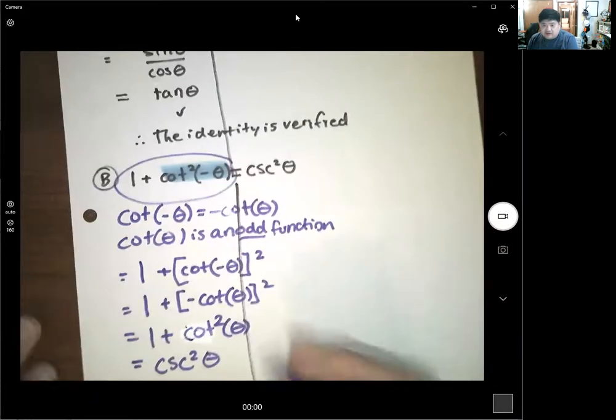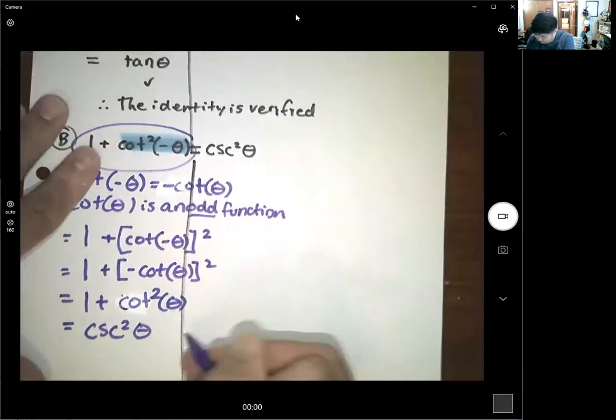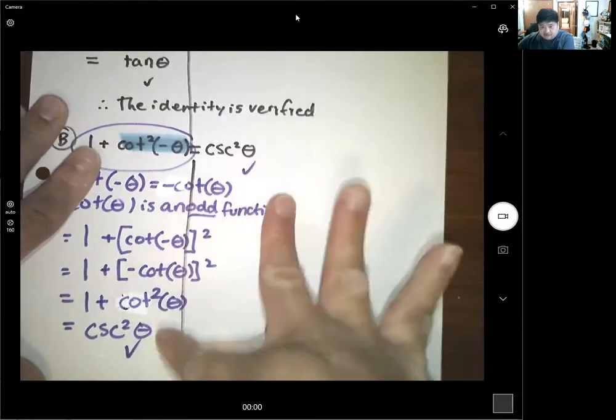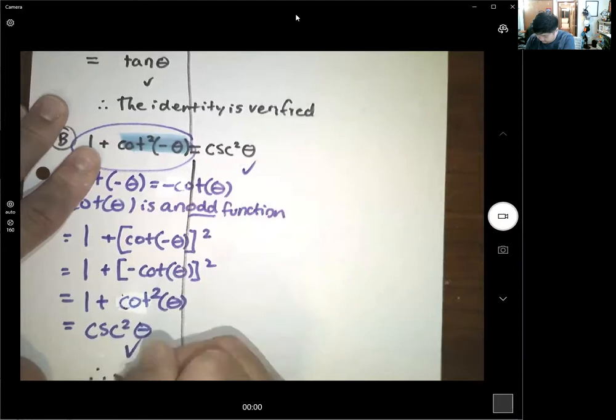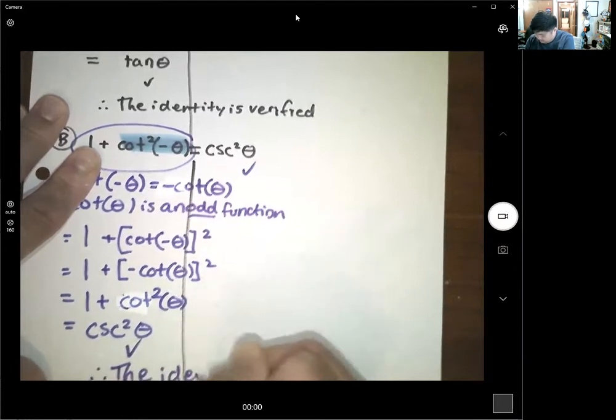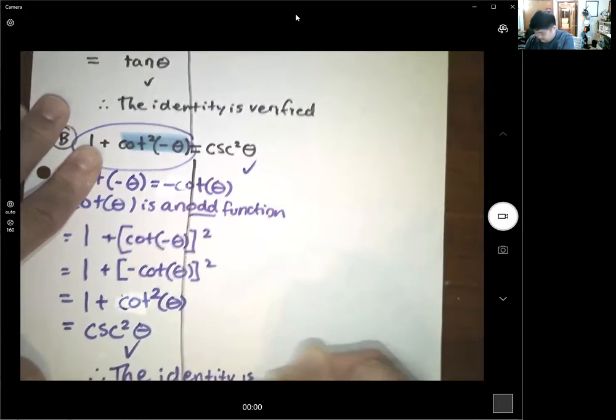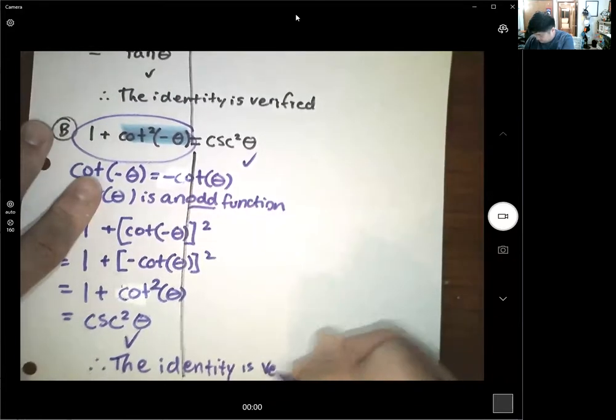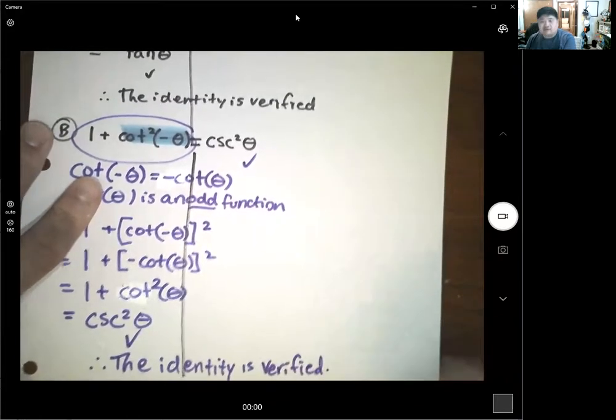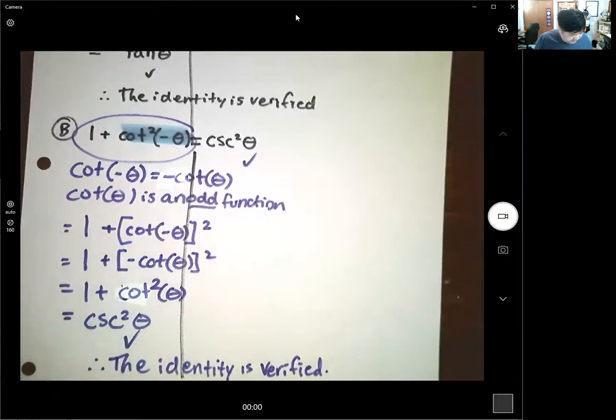That is a Pythagorean identity. So therefore, I see that this identity is verified. There is problem B for you.